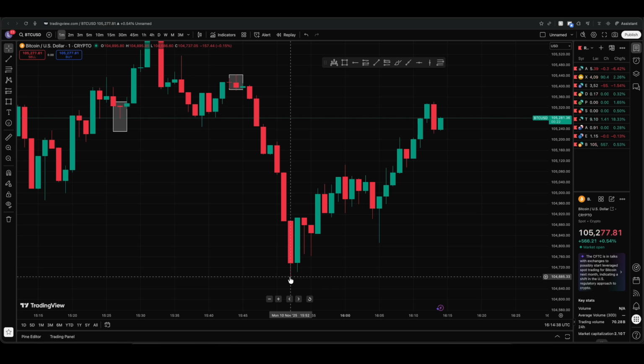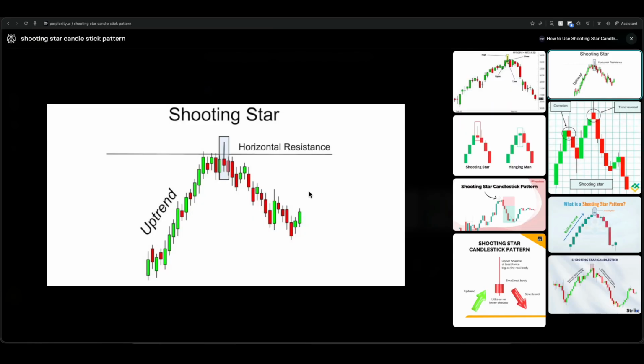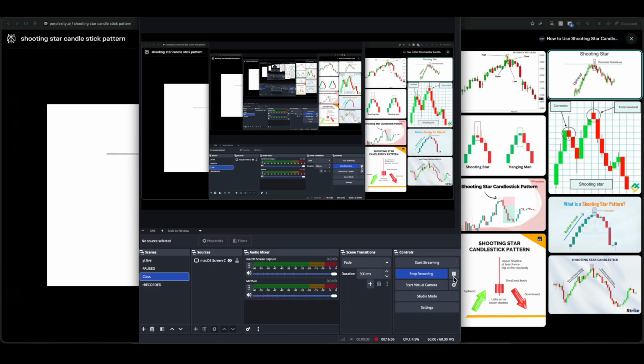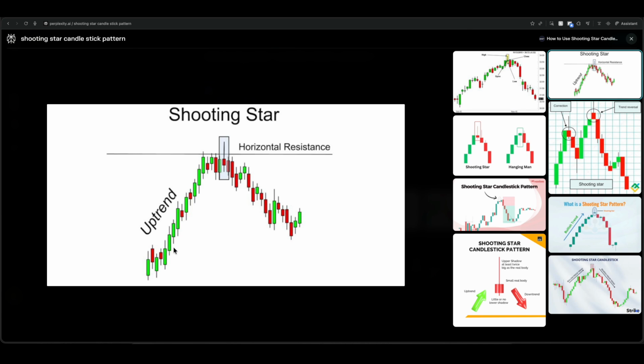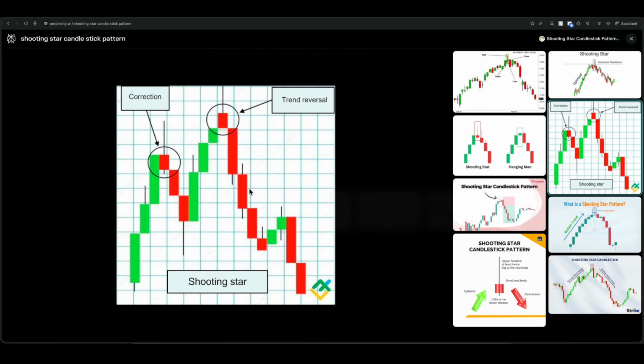Now let's come back to my TradingView screen. So this is what a shooting star looks like. There are some examples of shooting stars. Now let's move to the bearish candle.